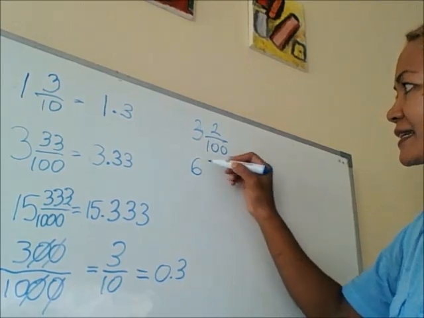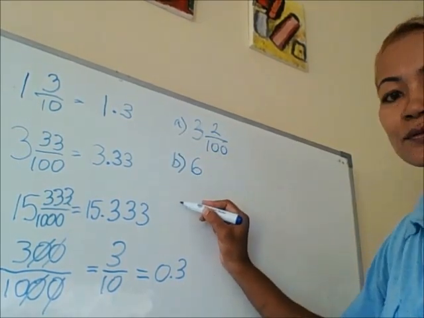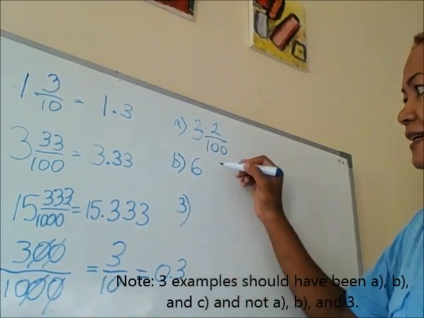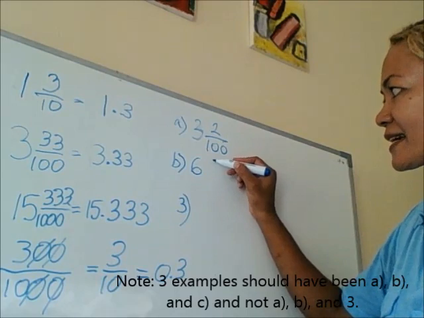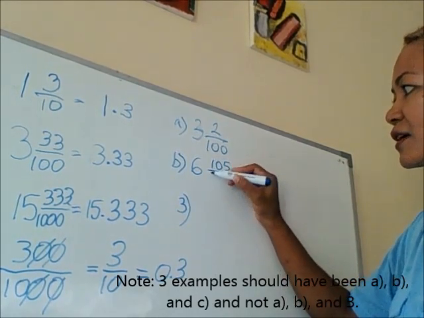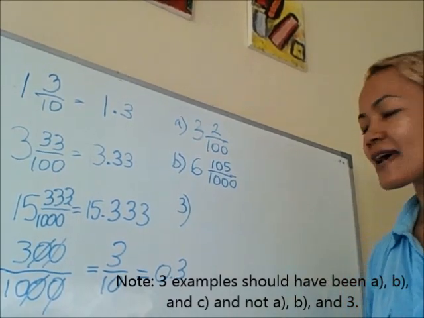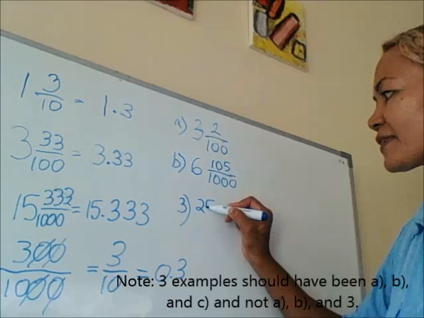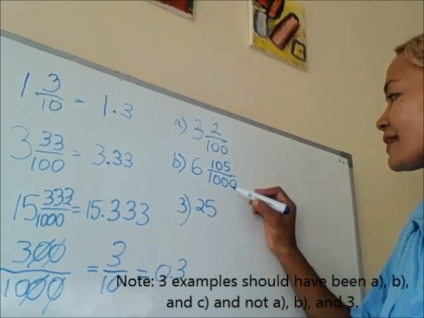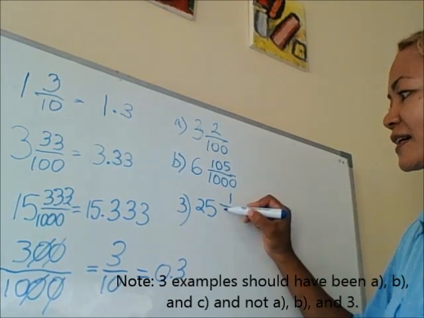We'll just work through 3 examples here. 6 and 105 over 1000. And 25 and 1 over 25.